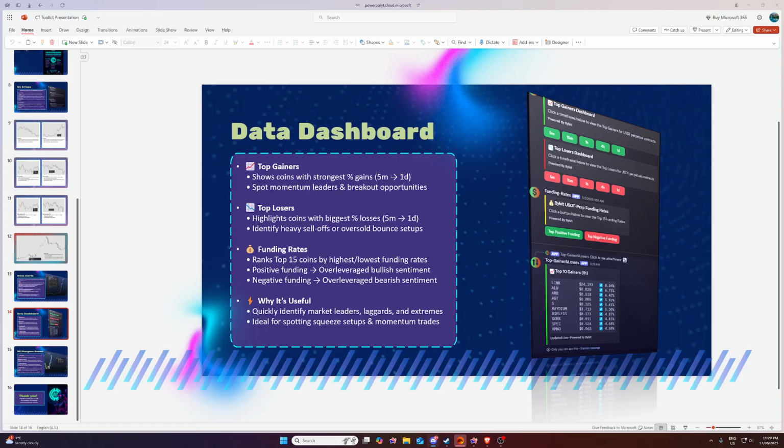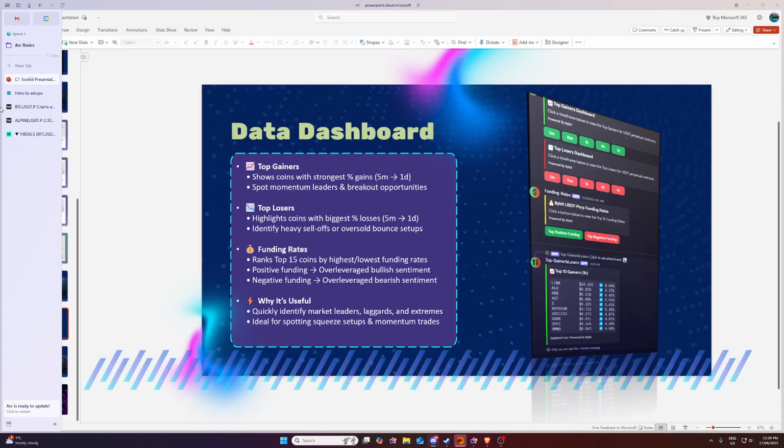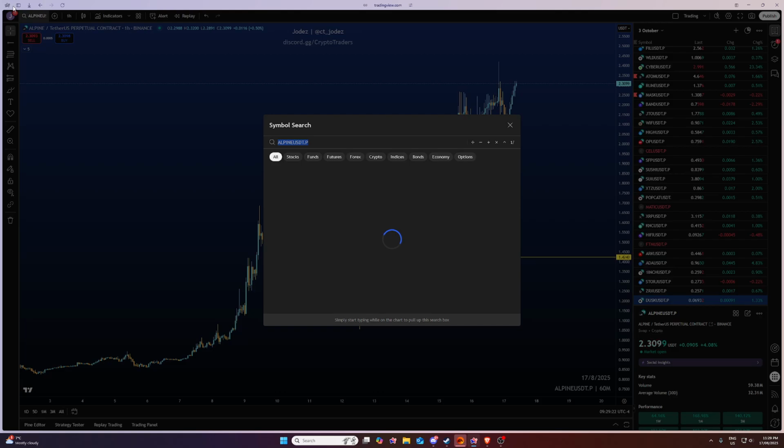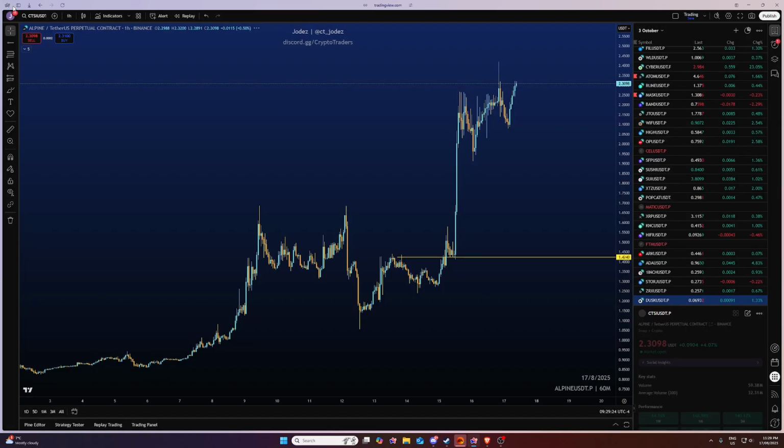So right now we can see that the top negative funding rates are MYX and CDSI, which indicates that those two coins are generally the most shorted at the moment, and if the chart aligns with a bullish trading setup, it's a really good opportunity to take.